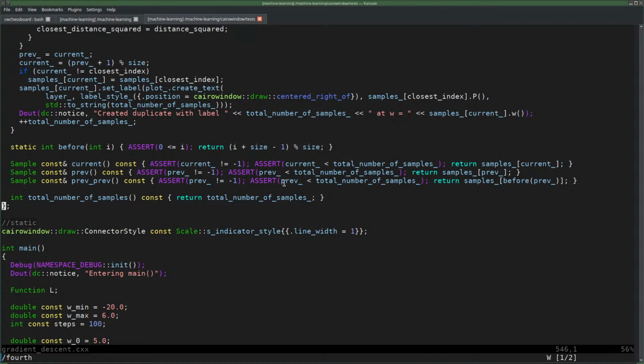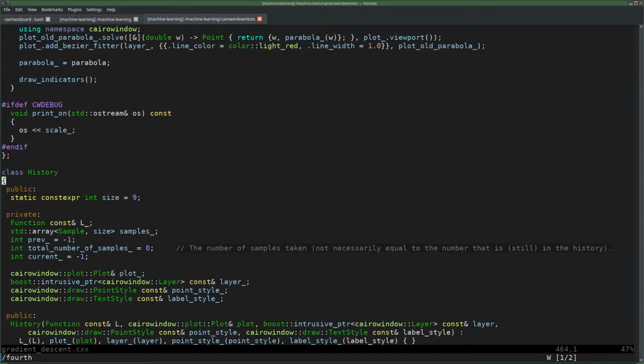So it was assert if previous is not less than total number of samples, which could happen if, I guess, let me just see where this is being incremented actually.